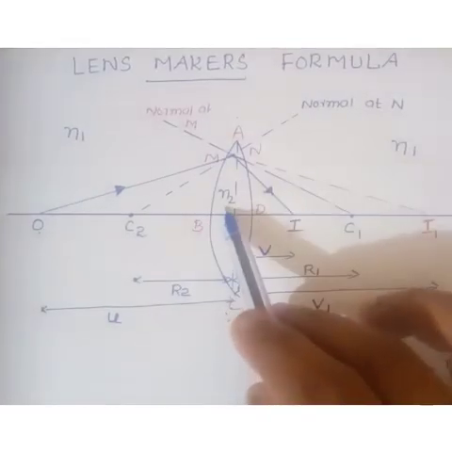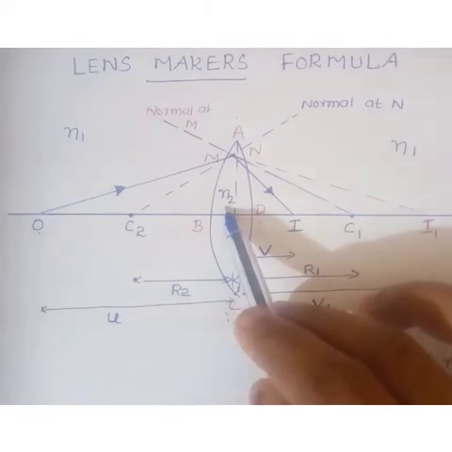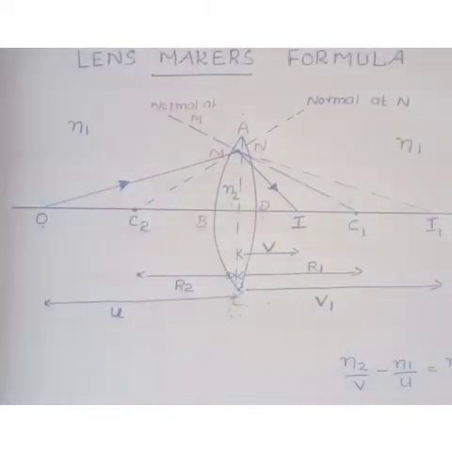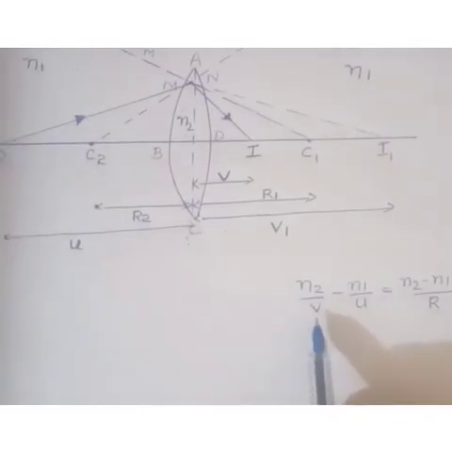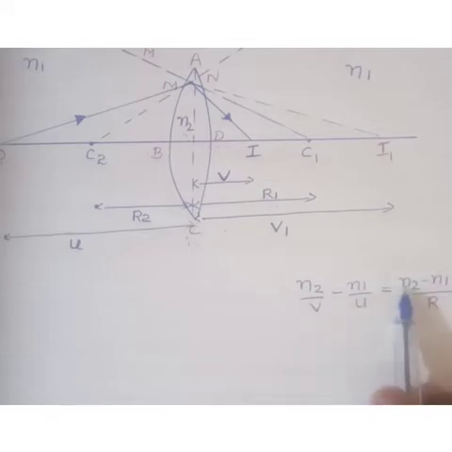Okay, so we can write the relation between the object distance U, image distance V and radius of curvature R. We already proved this relation in terms of refractive index: N2 by V minus N1 by U is equal to N2 minus N1 by R. So here we have to use this relation.